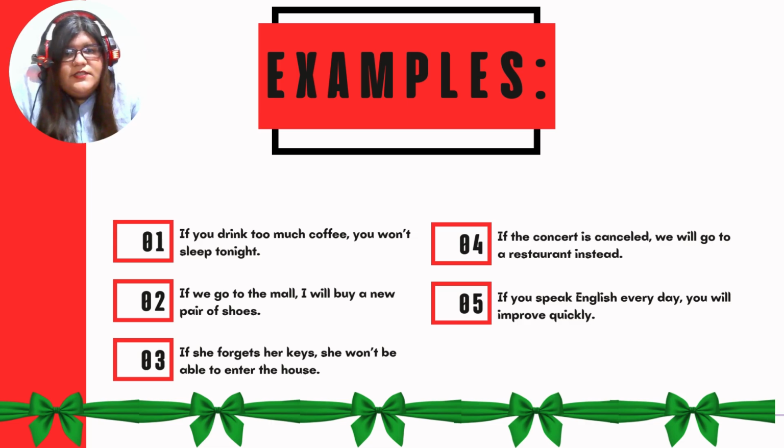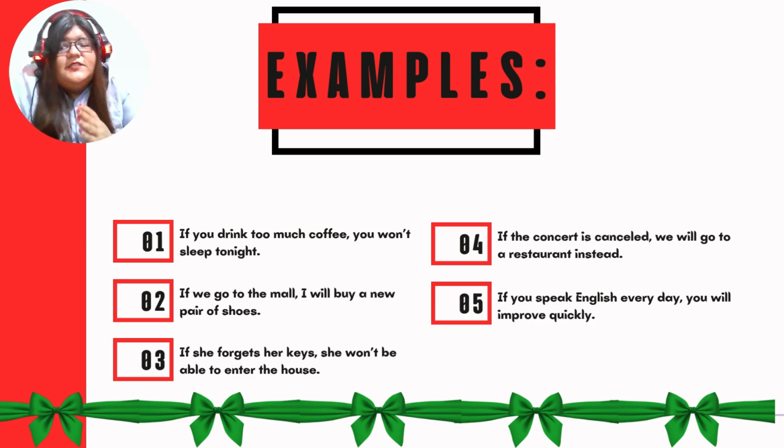If the concert is cancelled, we will go to the restaurant instead. If you speak English every day, you will improve quickly. If you see here, this is a general truth. Because, guys, when you are learning English or any language, it's necessary that you keep studying daily.